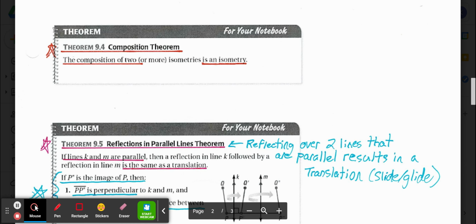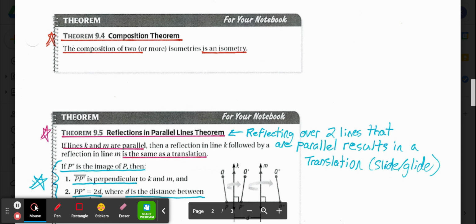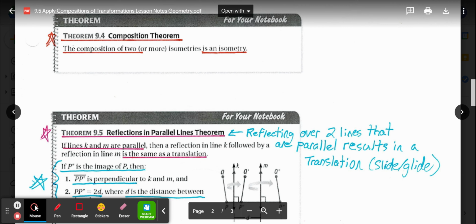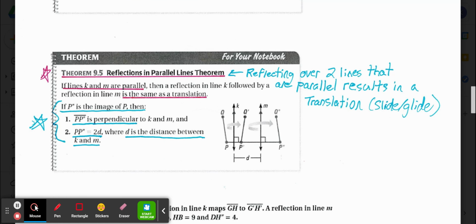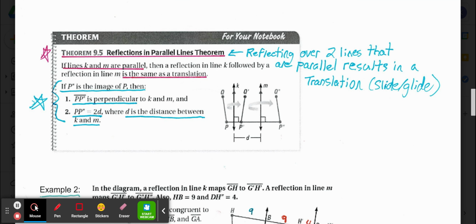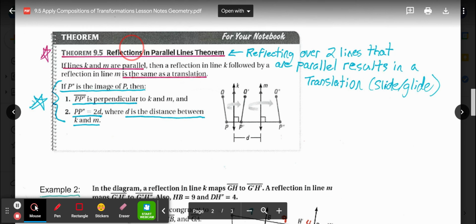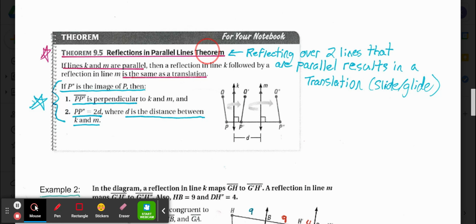Our composition theorem, 9.4, simply states the composition of two or more isometries results in an isometry. Then we also have theorem 9.5, which deals with the composition of reflections over parallel lines.